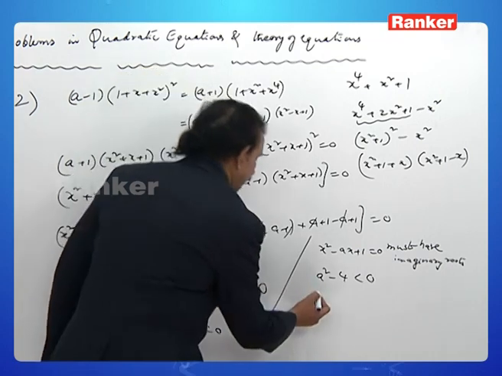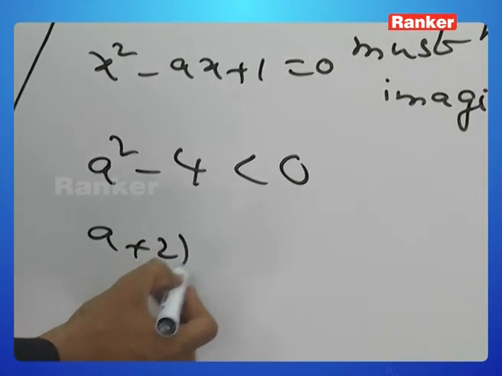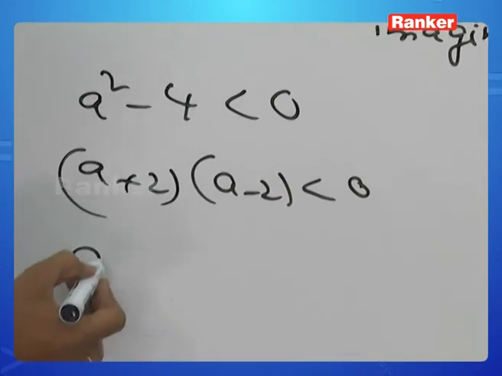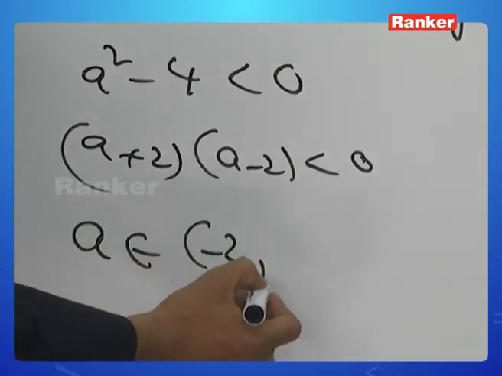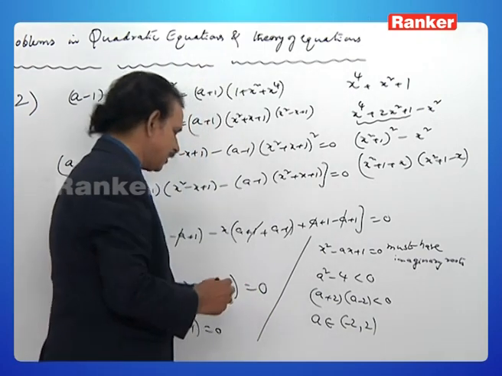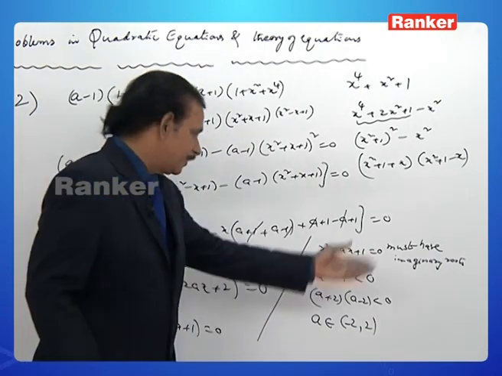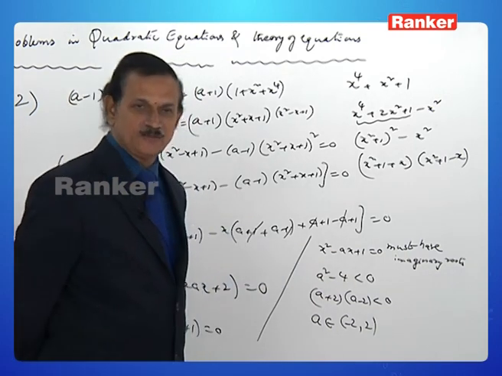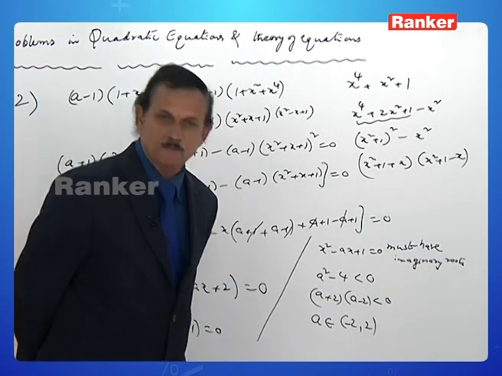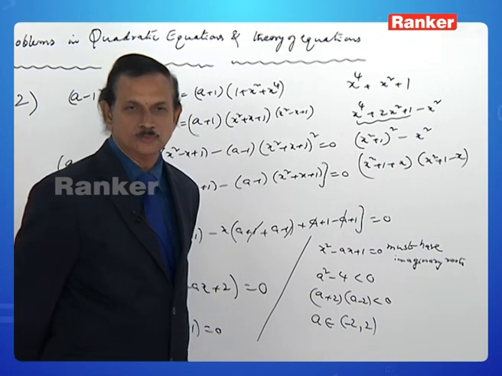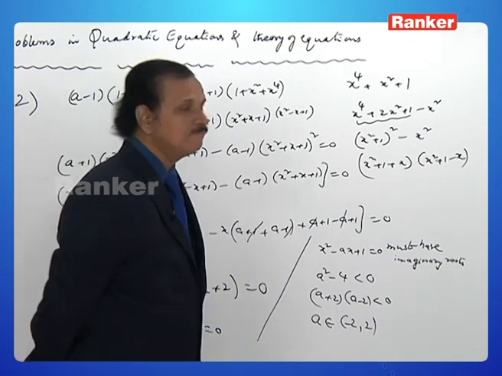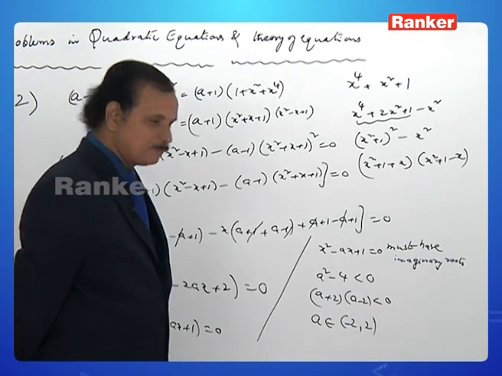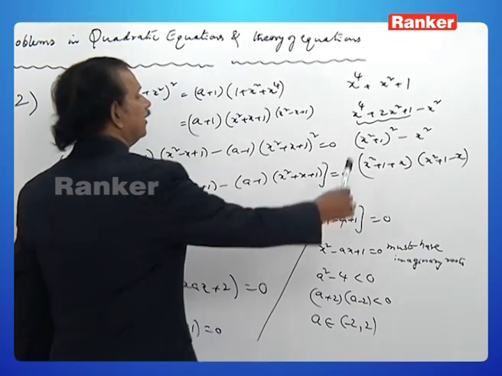That is (a plus 2) into (a minus 2) must be less than 0, and thereby we will very easily be tracing the domain of a to be the open interval minus 2 to 2. As (a plus 2) into (a minus 2) is less than 0, we must have a in the open interval minus 2 to 2.